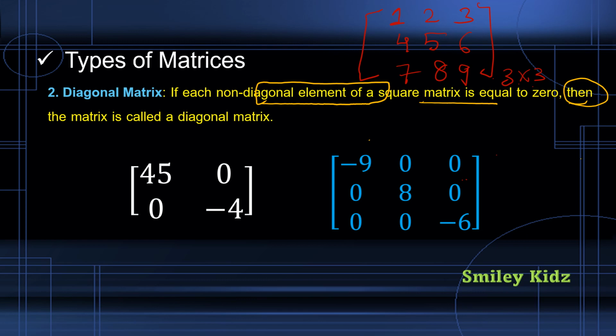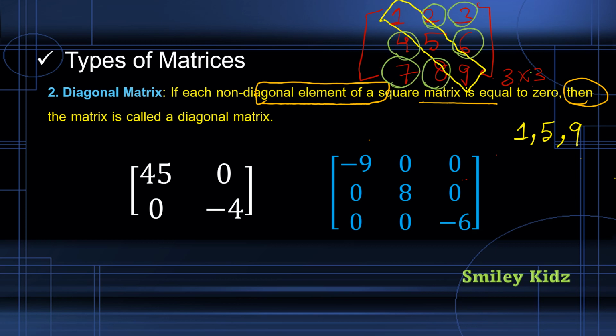Now, diagonal is always drawn from the left top to the right bottom. So this is the diagonal. Now, what are the diagonal elements? The diagonal elements are 1, 5 and 9. And what are the non-diagonal elements? The remaining numbers which do not comprise a diagonal. The circled ones are your non-diagonal elements.